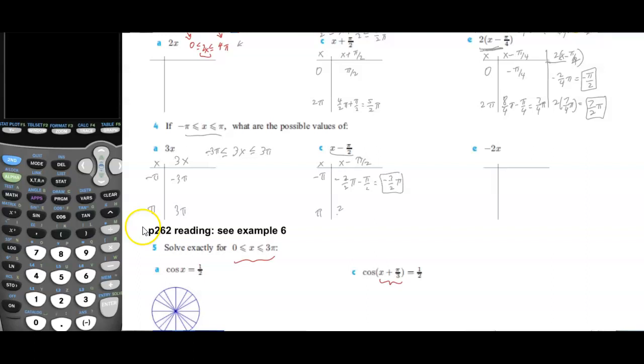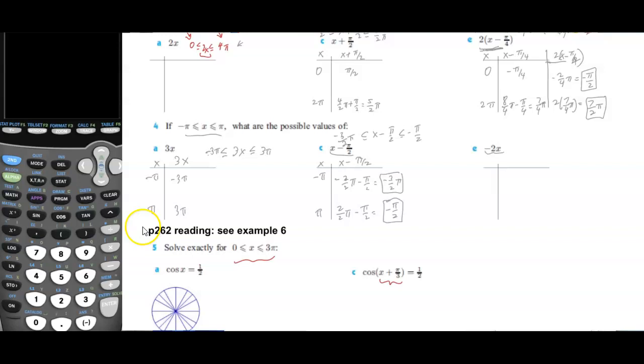Positive pi is 2 over 2 pi minus pi over 2. That gives me positive 1/2 pi, or pi over 2. Okay, so in this case, x minus pi over 2 is between negative 3 halves pi and negative pi over 2.